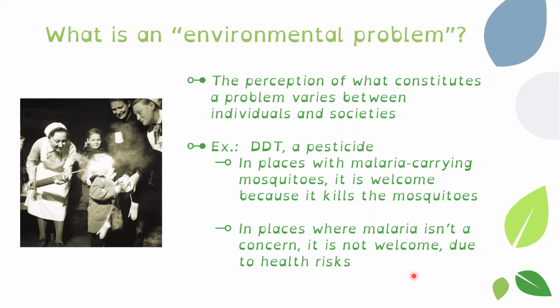But in places where malaria isn't a concern, like Canada, it's not welcome due to health risks. So DDT is not allowed. There are bans in places in the world because it has an impact on your health. But in some places, it is essential because it kills mosquitoes that carry malaria, which is plaguing the population.